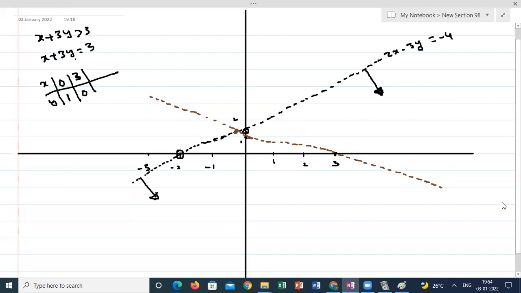This equation represents x plus 3y is equal to 3.